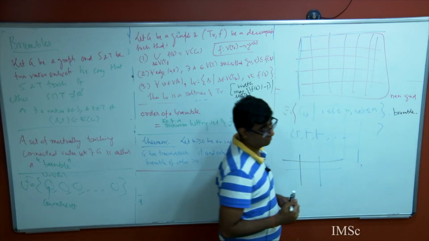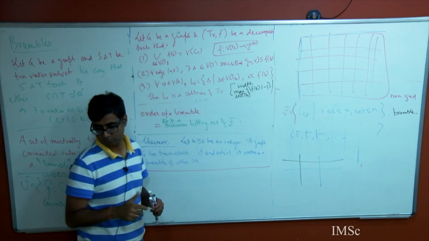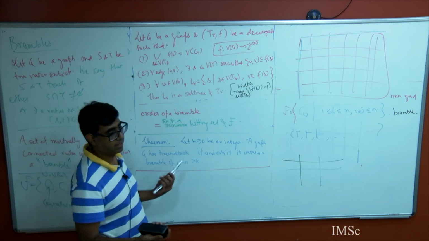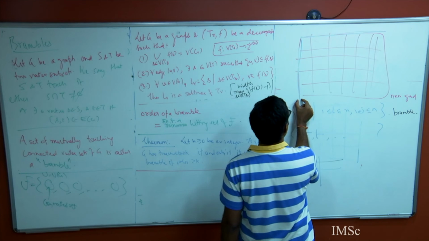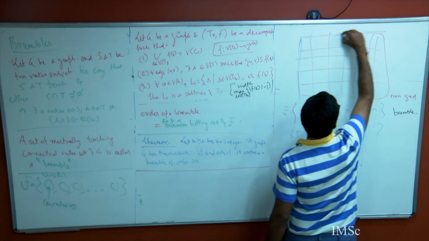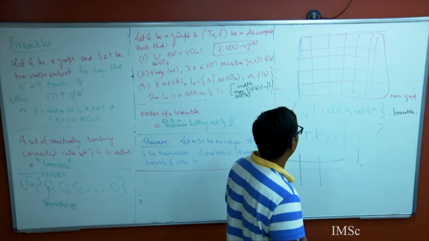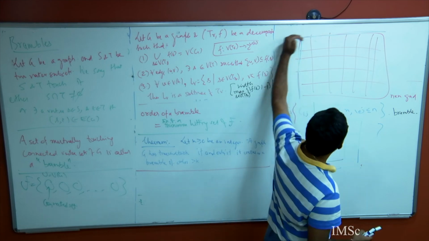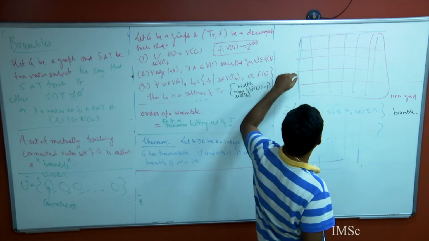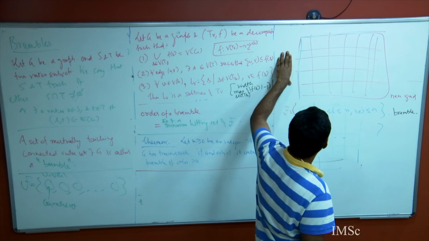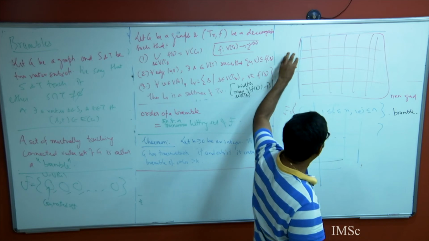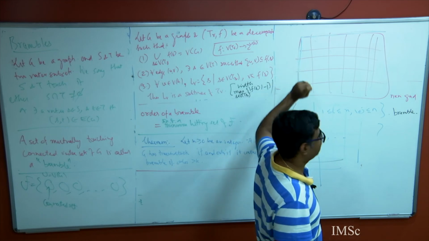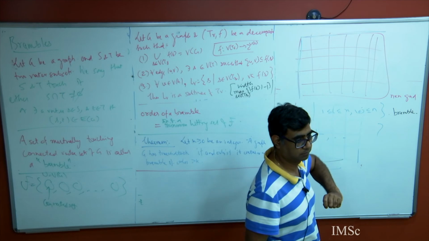And what is its order? Order is a minimum hitting set. Whatever you pick, let's just delete that row and column.